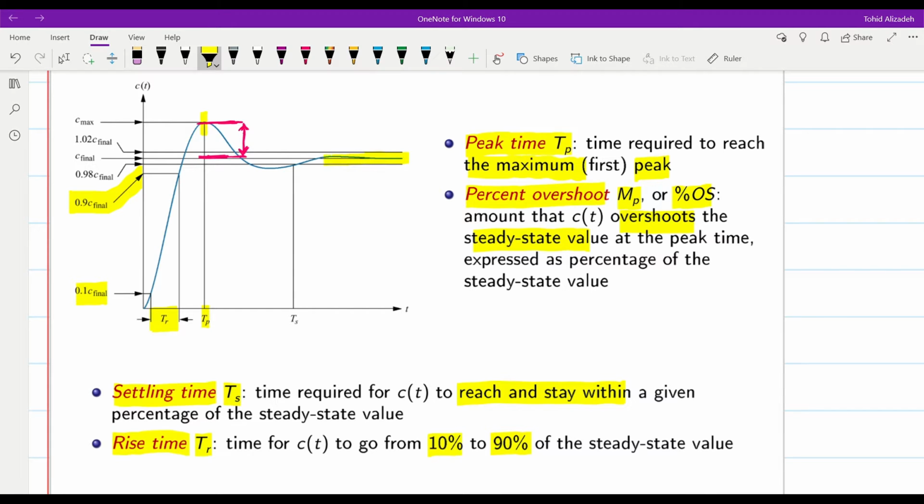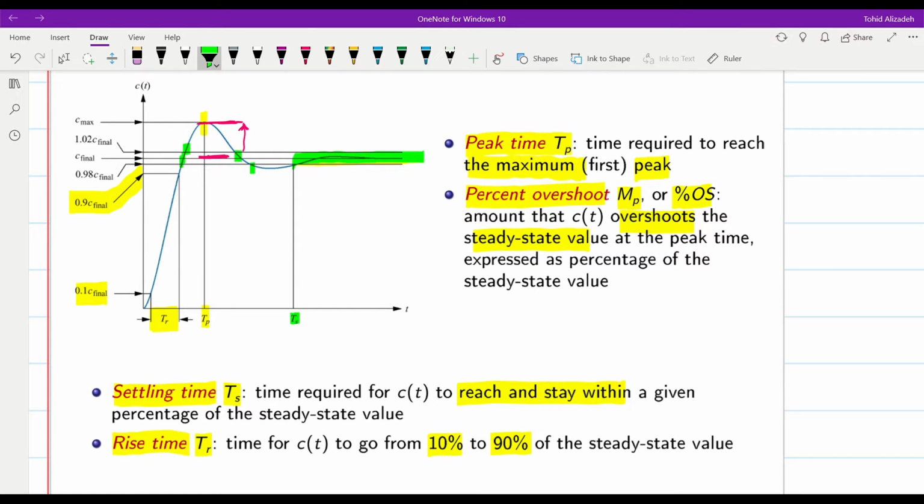And you can see that whenever the response enters into this area and then remains within that area, so you can see that first of all, the response enters the area here, but then after a while it goes out. Later it enters the area again, but then it goes out. And only at this point, T_S, the response enters the area and then it remains within the area.